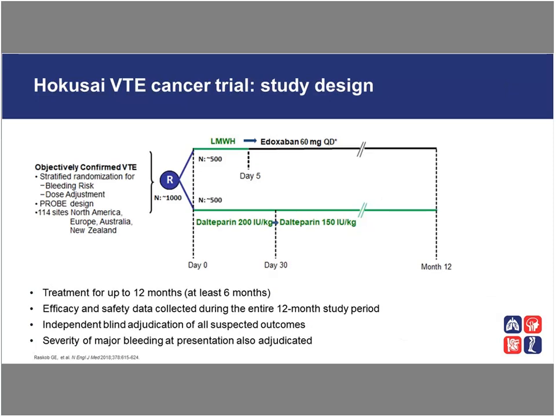We note once again that treatment was up to 12 months, but at least 6 months, and there was independent blind adjudication of all suspected outcomes. And moreover, there was a severity of major bleeding at presentation that was also adjudicated. This was a grading system that was applied to every major bleeding episode, and this was also adjudicated.